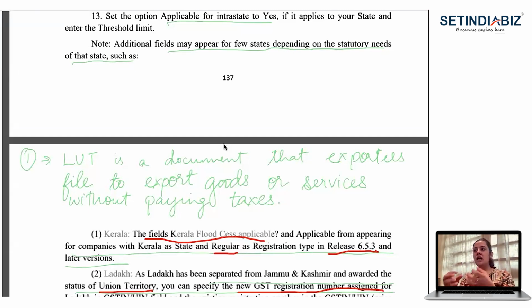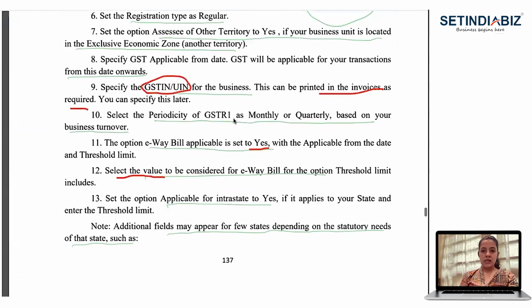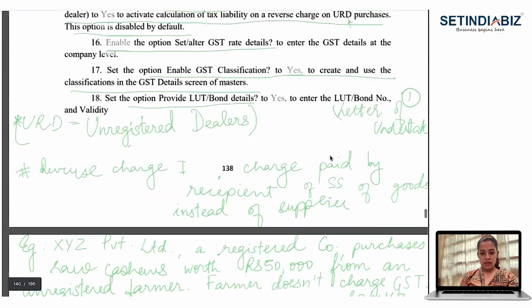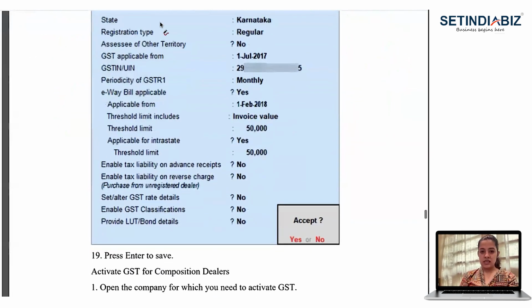So LUT is that you are taking exemption from GST while exporting the goods and you are filing this letter of undertaking. Then you have LUT details and you have to fill the number, right? So, yes. So now they have again shown for Karnataka this same GST details: state, Karnataka, registration type regular.